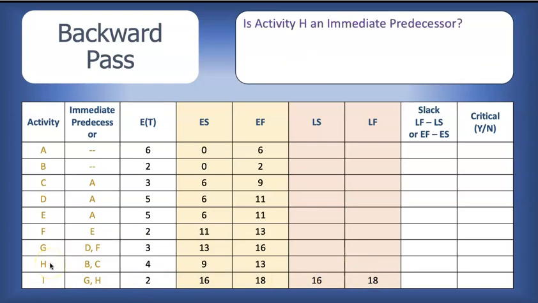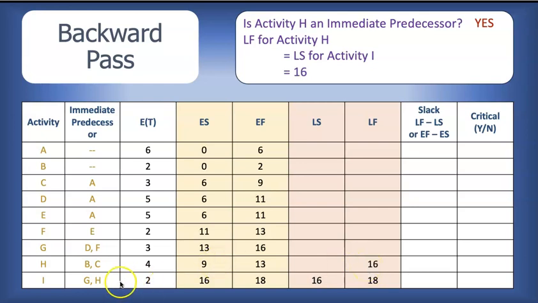Activity H, same question. Is activity H an immediate predecessor? So we're looking in the immediate predecessor column for activity H, and here it is. Activity H is a predecessor for activity I. So activity H has to pass the baton to activity I. Activity I needs to start at week 16, the latest.